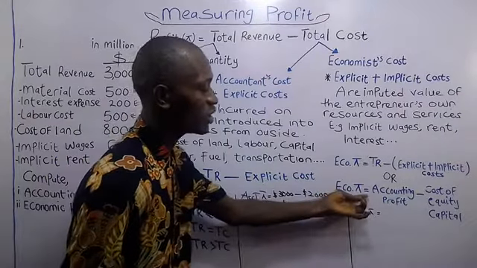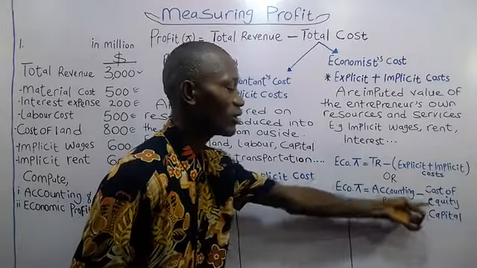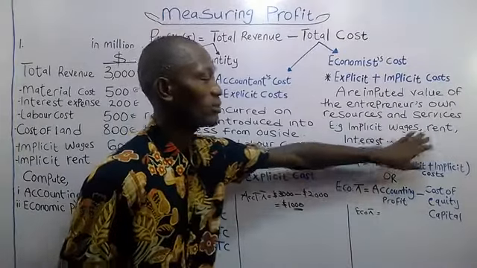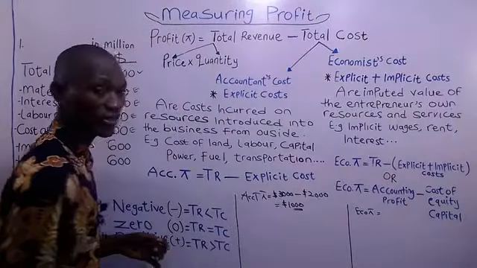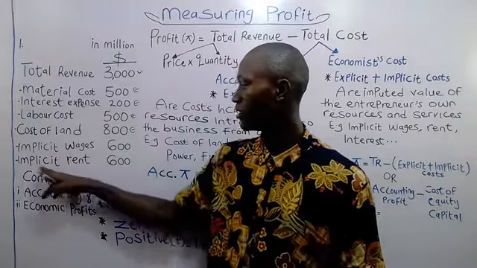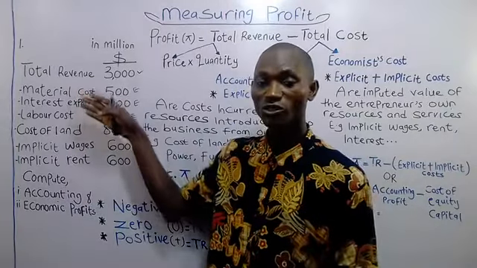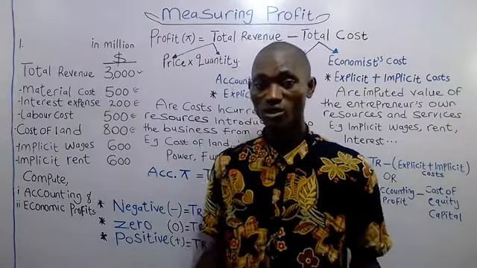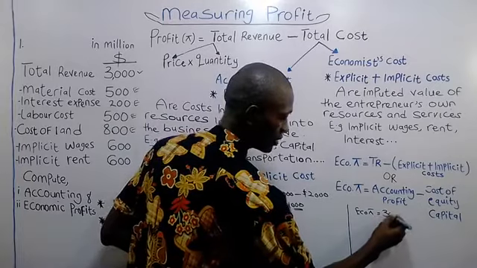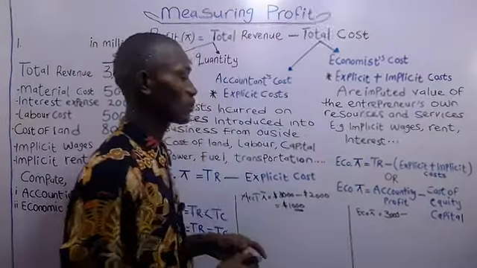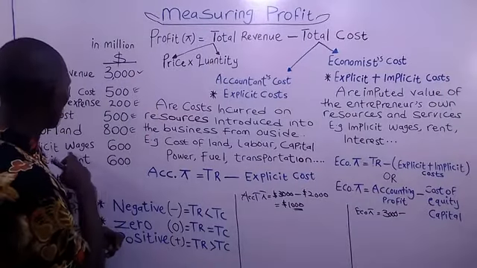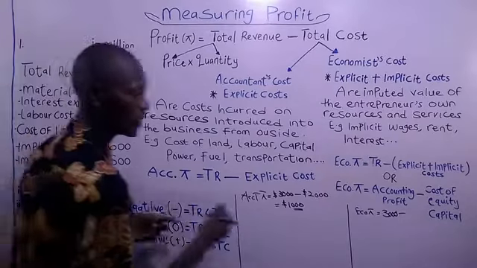So economic profits equals accounting profits less cost of equity. The cost of equity has been broken down into implicit wages, rents, and implicit interest. In this question, we have the implicit wages and implicit rents, which the accounting profession does not include in its opportunity cost. The cost of equity is given here as $600 each for both implicit wages and implicit rent.